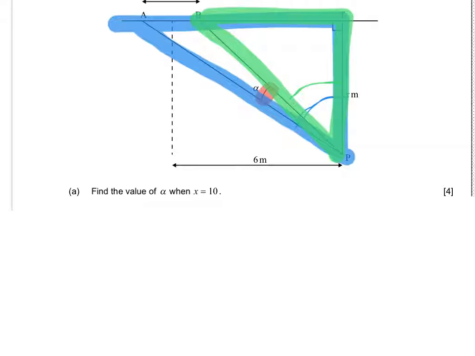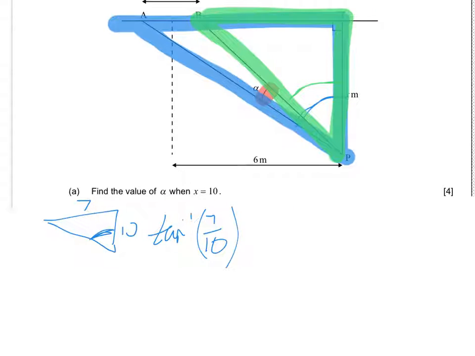So the blue triangle is 6 plus 1, 7. This is 10. Trying to find this angle. Opposite is 7, adjacent is 10, so doing tan inverse of 7 over 10, which is 35 degrees.